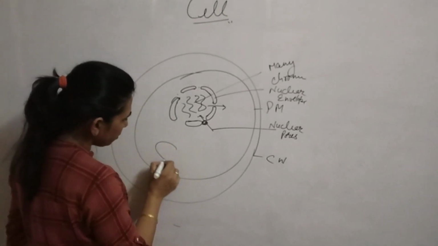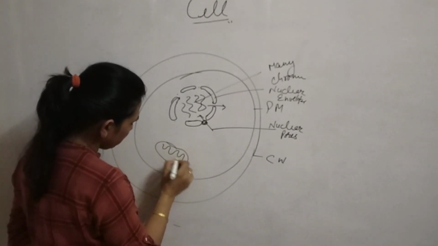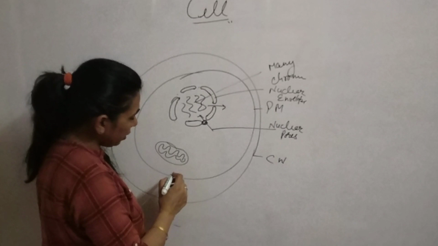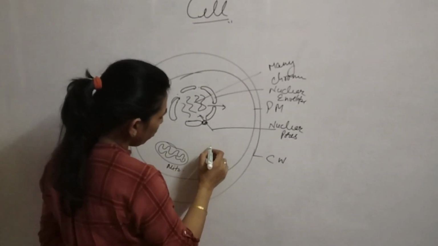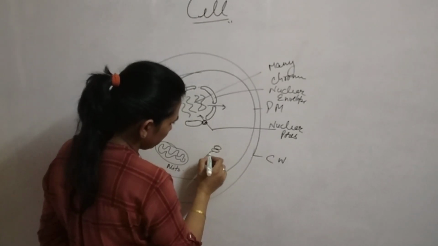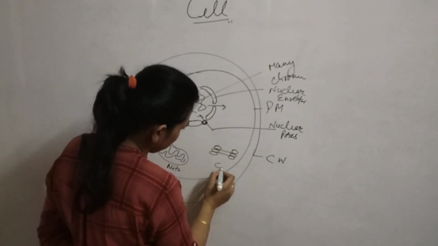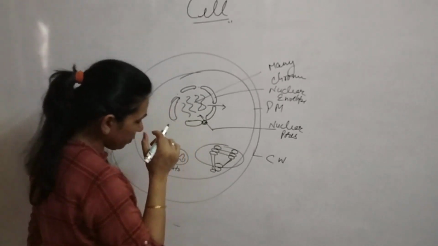Beside this, mitochondria are present. Here, a membrane bound organelle. So this is mitochondria. Chloroplasts are present. This is also a membrane bound structure.